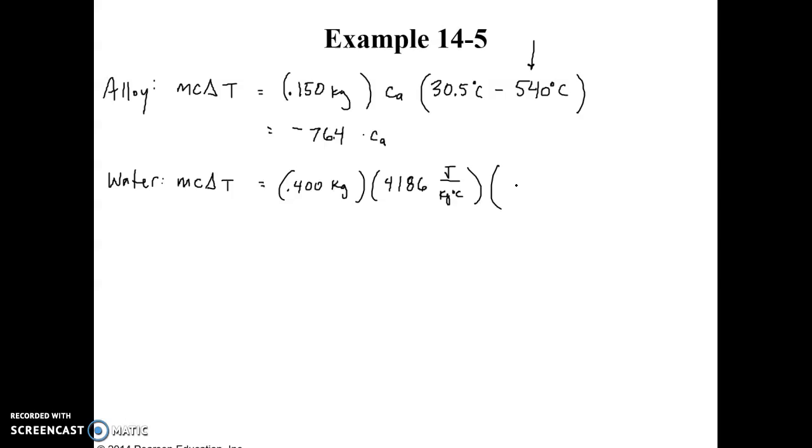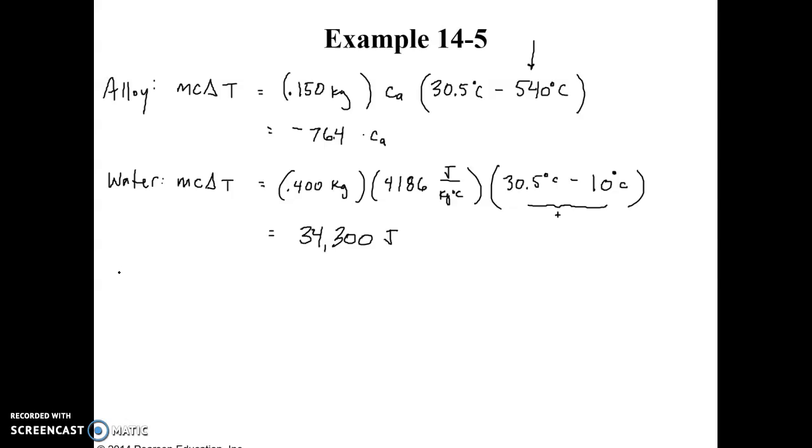And it ended at the same equilibrium temperature of 30.5 degrees Celsius, but it started at a colder 10 degrees Celsius temperature. So this is going to give me a positive delta T. So it went up. So it's gaining heat. The alloy is losing the heat, and the water is gaining it. And we can simplify this to be 34,300 joules. That's how much energy the water gained.